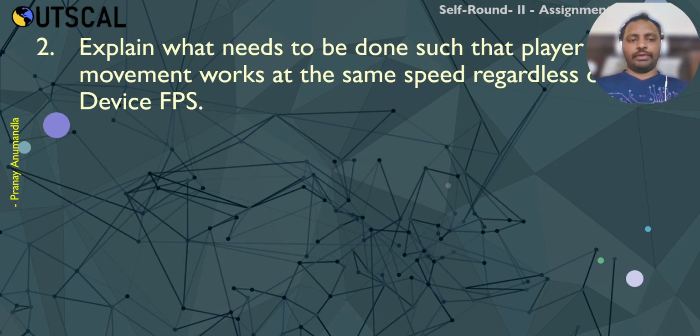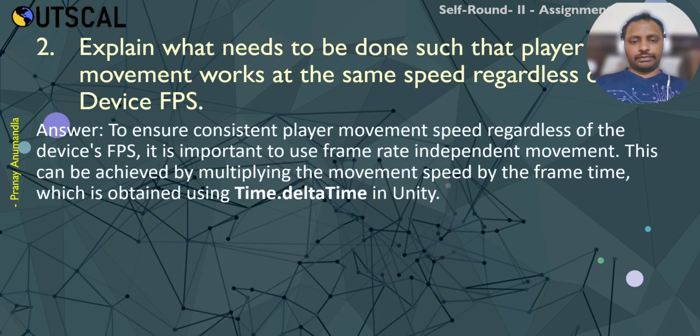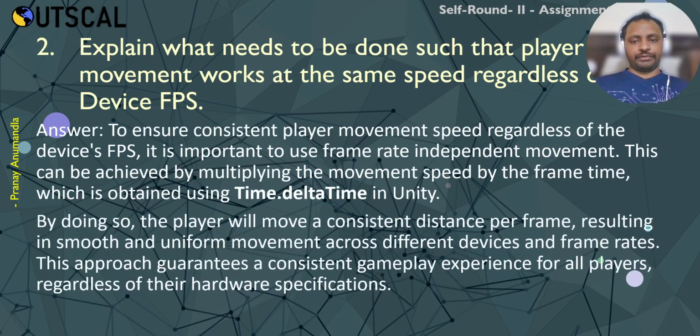So the movement of the object will be independent of the frame rate, and it will smoothly and consistently display the movement regardless of the device FPS. Time.deltaTime is a defined property in Unity. It is the time taken between two frames, one frame to the next frame.